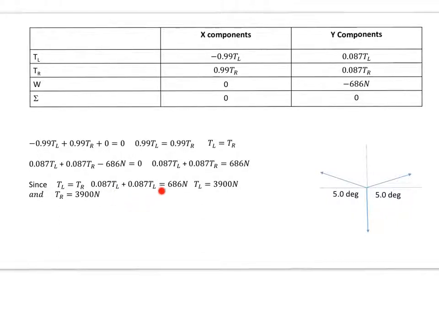So now we have 0.087 TL plus 0.087 TL equals 686 newtons. Now we can solve for TL. TL is 3,900 newtons, but recalling that TL is equal to TR, then TR is also 3,900 newtons.